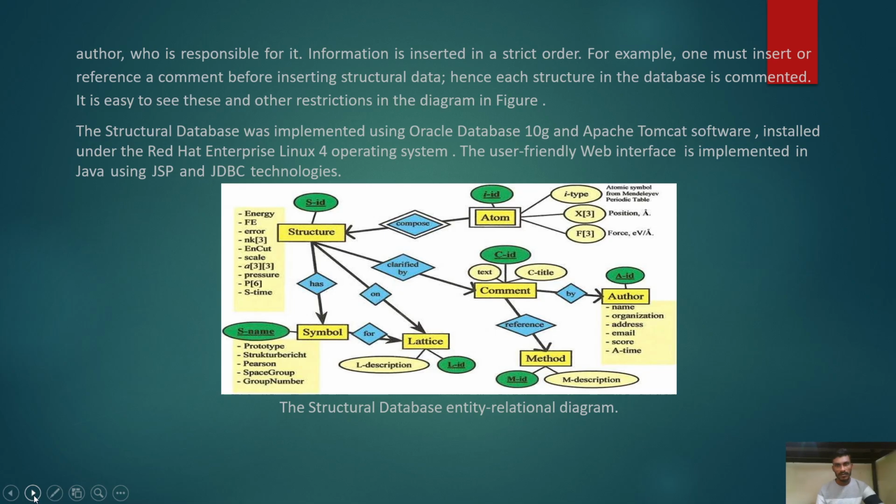Hence, each structure in the database is commented. It is easy to see this and other restrictions in the diagram in the figure. The structural database was implemented using an Oracle database under the Red Hat Enterprise operating system. The user-friendly web interface is implemented in Java using JSP and JDBC technologies.